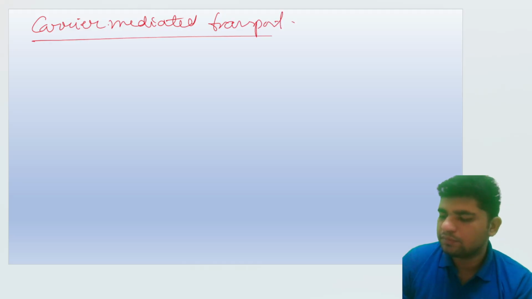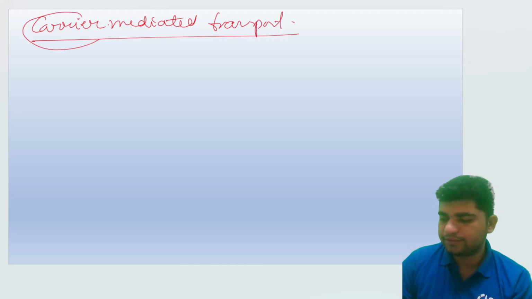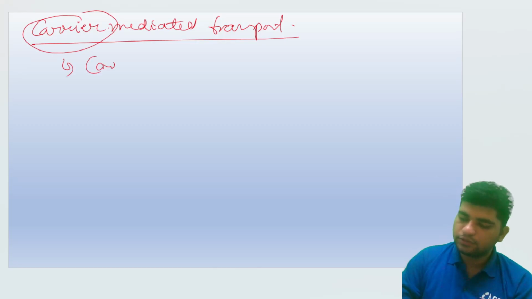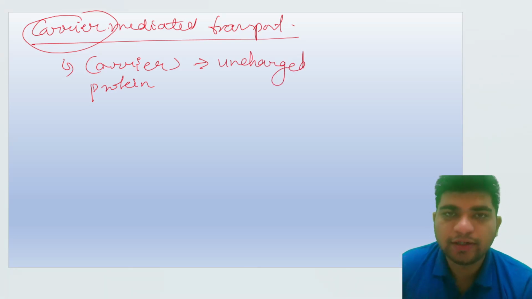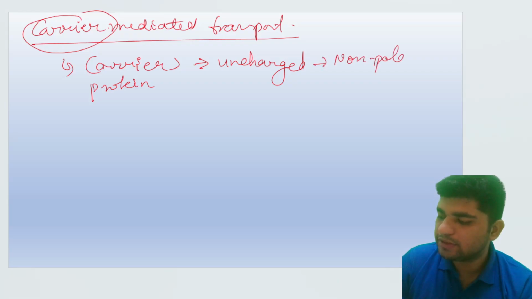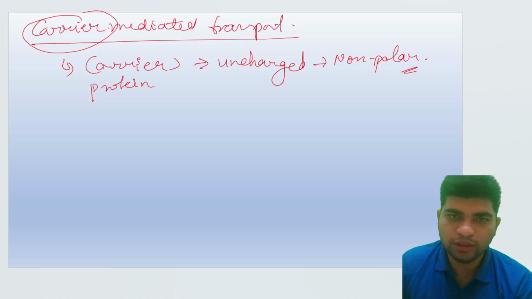So let's move on to the next part, that is carrier mediated transport. All right. There will be a carrier. But what is the nature of that carrier? There will be an uncharged carrier protein. If a substance does not have any charge, it is called a non-polar substance.